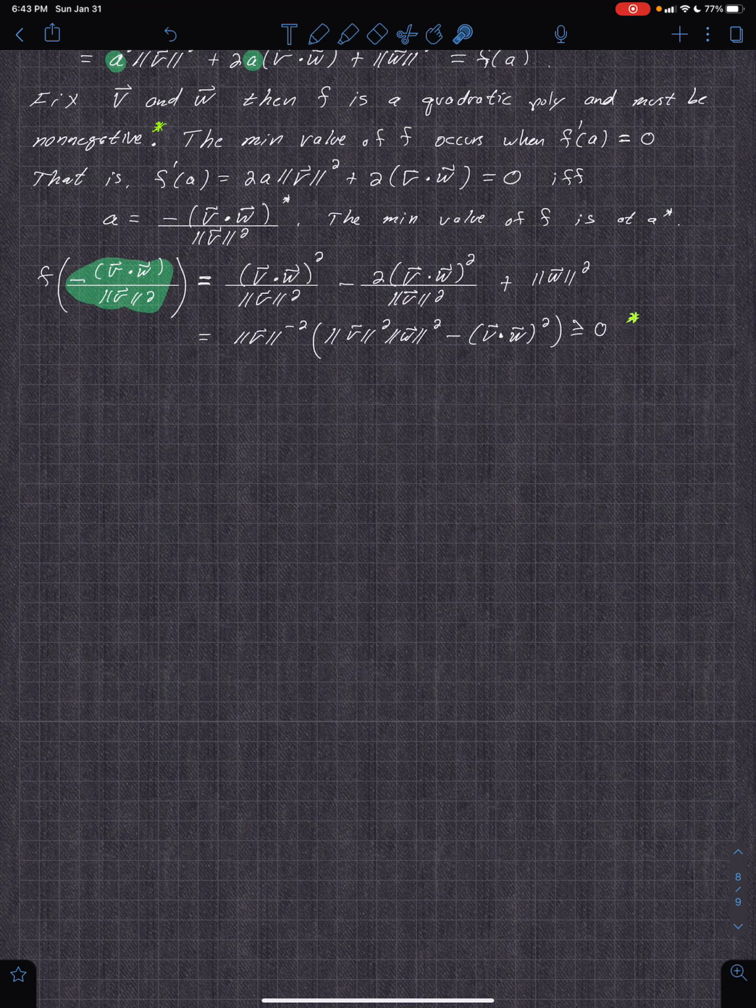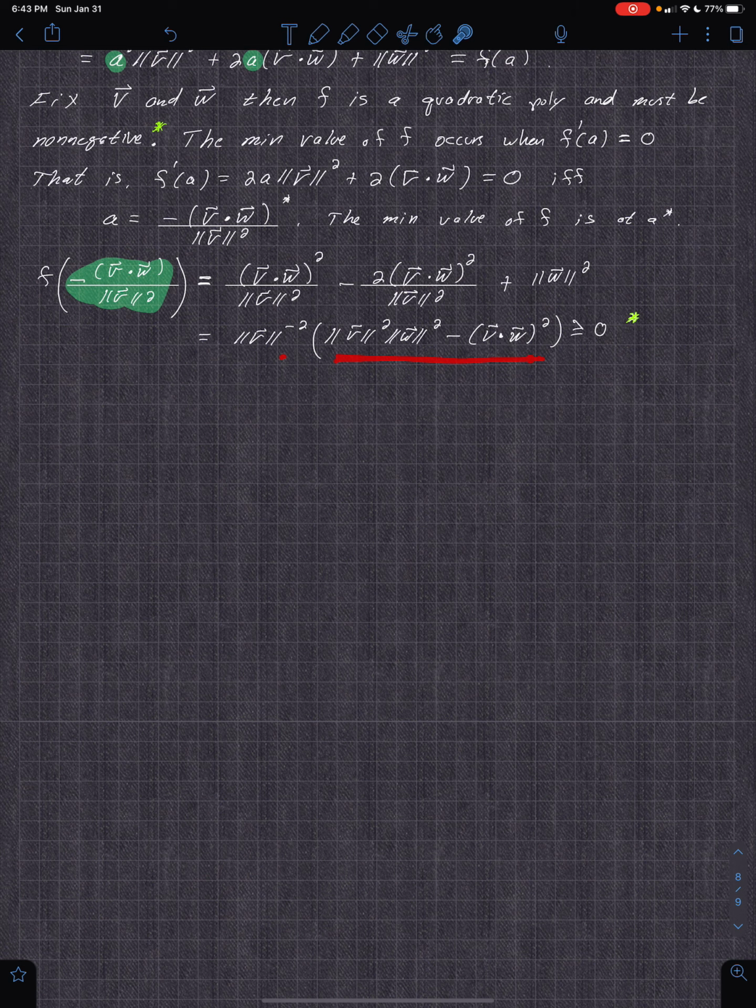And so that has to be a minimum value, and it's still positive. What that gives us then is this right here must be positive. So this, as we know, is positive. That means this must be positive as well.